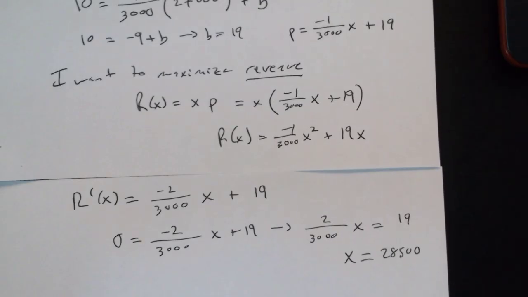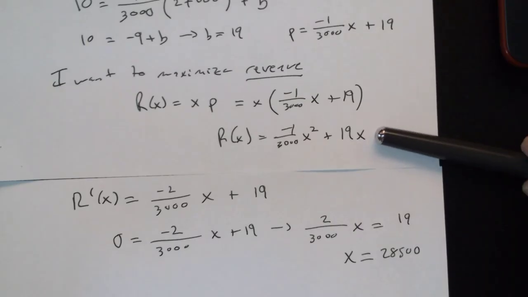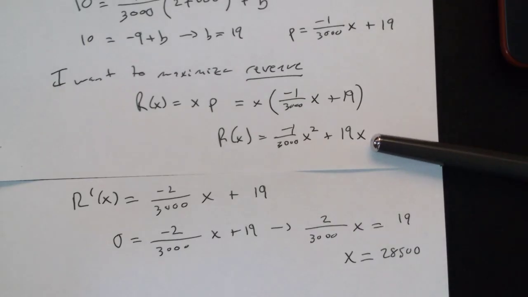Now, it could have been any relationship to X, but there's something special about our revenue equation that lets me know right away that this must be a maximum. The revenue equation. It's a parabola. Parabolas either look like this or they look like this. Which one do we have?